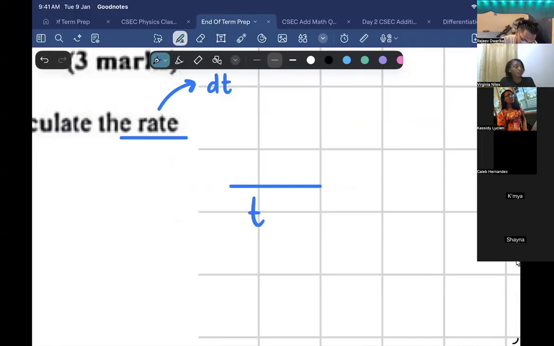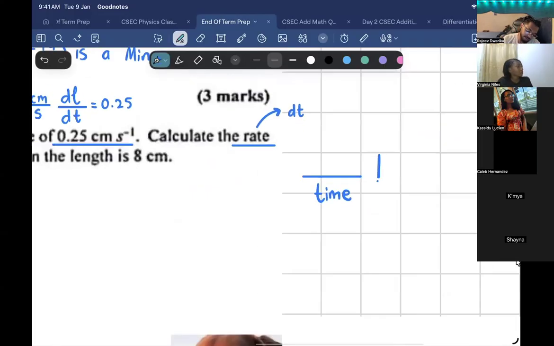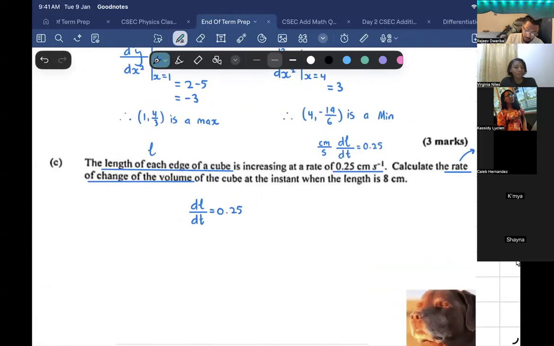So dv over dt, and that's what they want you to find.